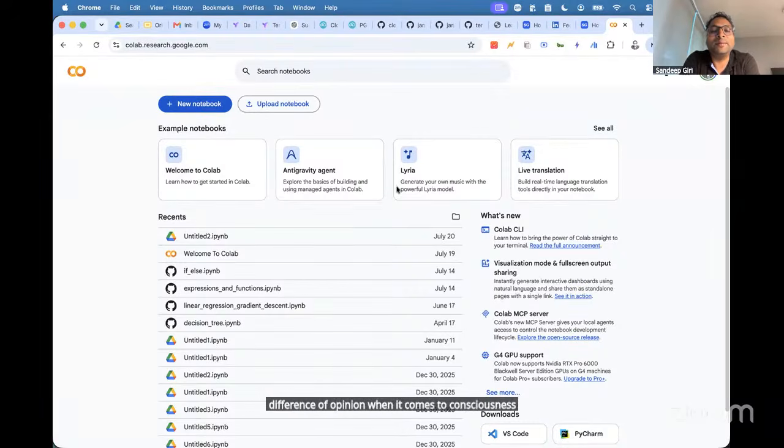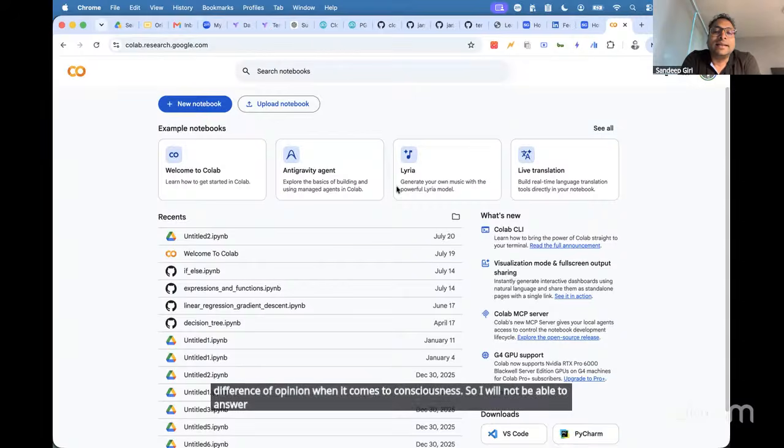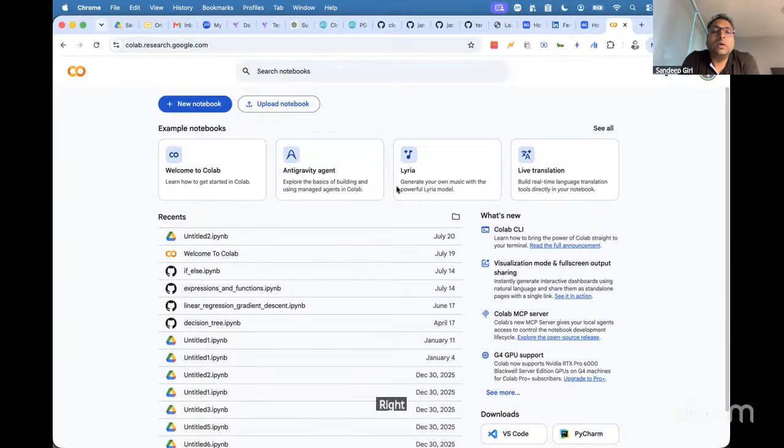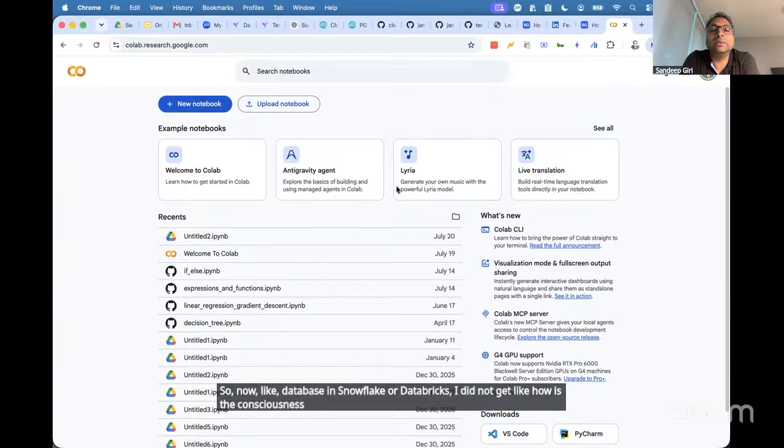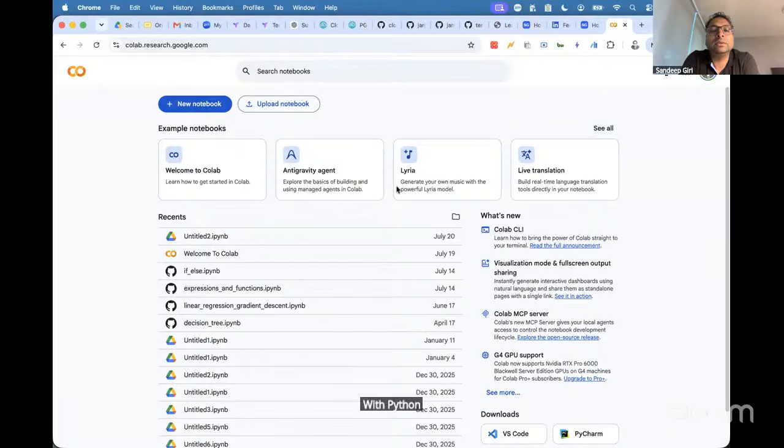So I will not be able to answer that. As for databases like Snowflake or Databricks, I did not get how consciousness is connected to Snowflake. With Python, MySQL, yeah, I think just reach out to me one-on-one. That'll be better.